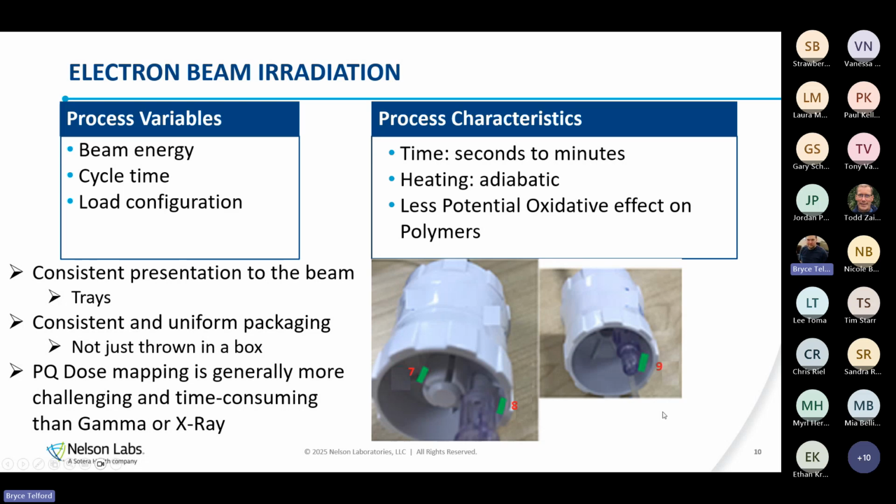So one other additional consideration with electron beam is for testing purposes. Generally, we need what is referred to as a dose map. So there are two types of exposures we're going to do for radiation. We have our sterilization exposures, which is actual product being sterilized and sent to market.